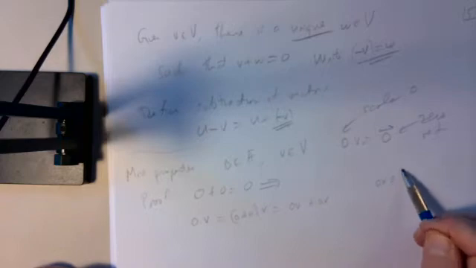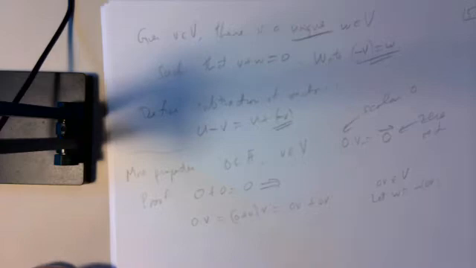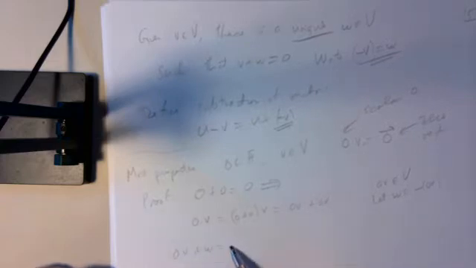So 0 times v is a vector, and let w be its additive inverse. So 0v plus w is 0v plus 0v plus w. I'm just adding w to both sides.